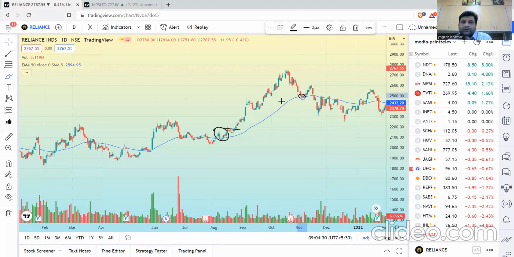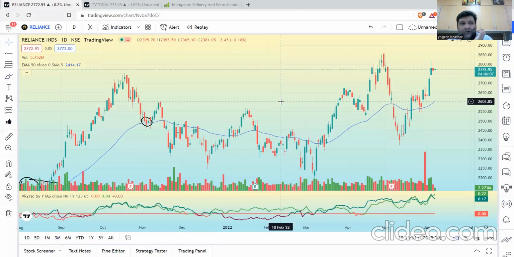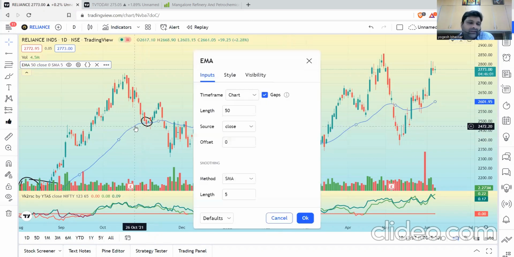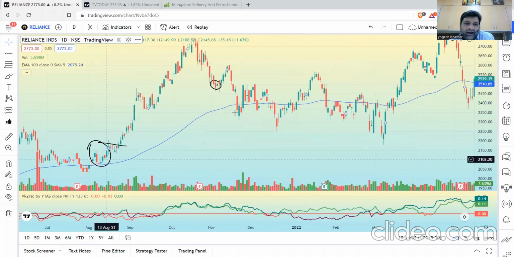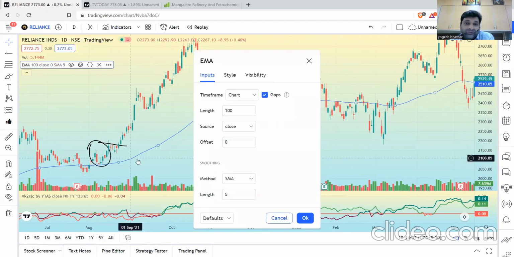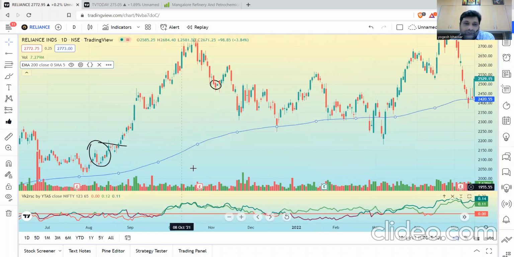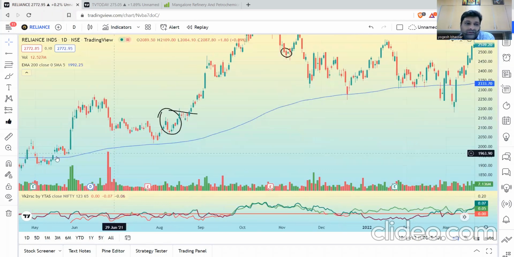So some people use the 50 EMA as their stop loss. Some go for 100, who are long term traders, and the most famous one is 200 EMA, where you can see a person getting invested at 1950 and exiting near around 2600.